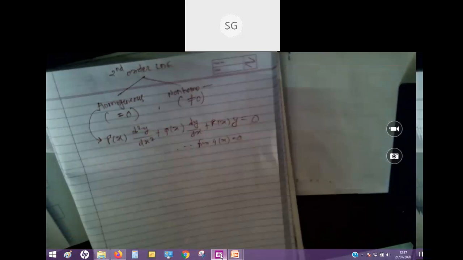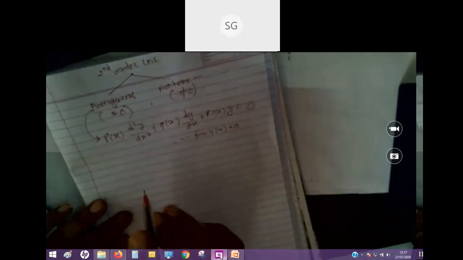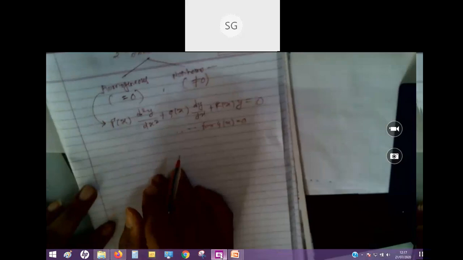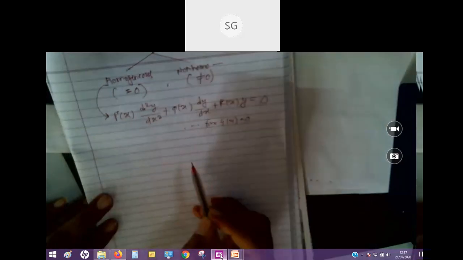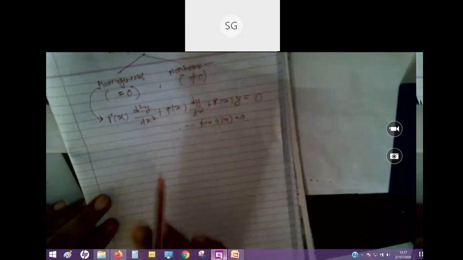Now moving ahead, there is a theorem, and one more theorem, which is very important to understand why the solution comes like this. Every time we will write the solutions directly.